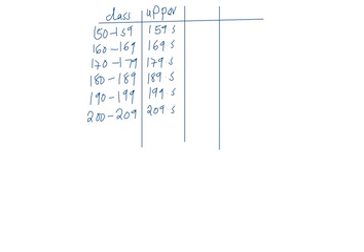Those are the upper class boundaries. Now we get the frequency of each. The first one is 2, 8, 10, 12, 6, and lastly 2.